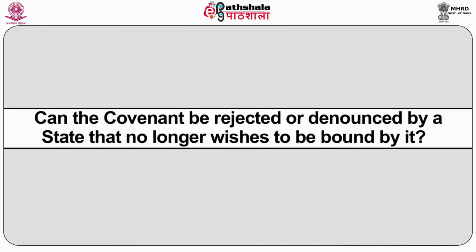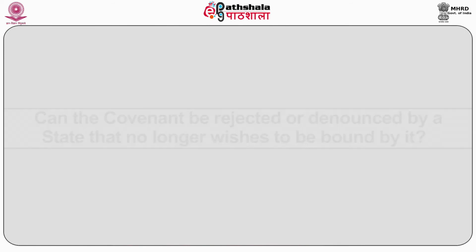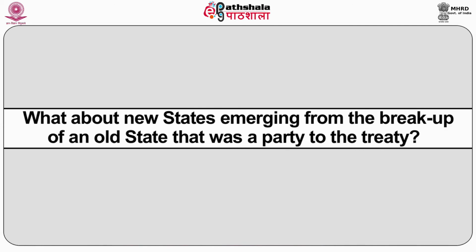Can the covenant be rejected or denounced by a state that no longer wishes to be bound by it is the question that needs to be addressed. Another question is, what about new states emerging from the breakup of an old state that was a party to the treaty? What happens to their stance with respect to the covenant?